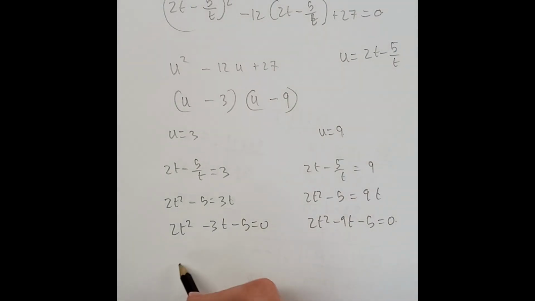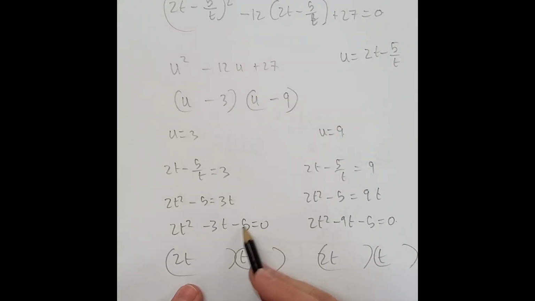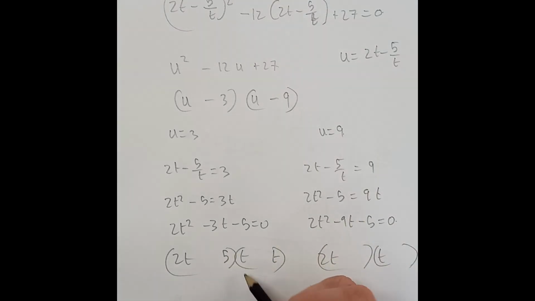So from this point on, let's try and solve these. Hopefully they solve nicely. Looking to see, I would put a 5t and a t, and we are 2t, and we're looking for a negative, so that one will work there.